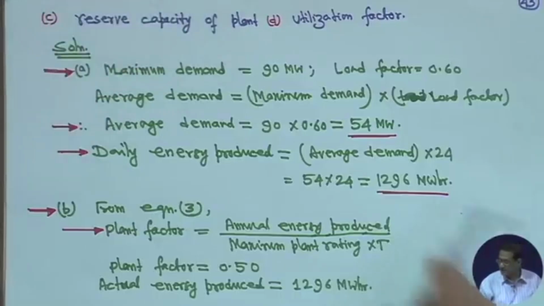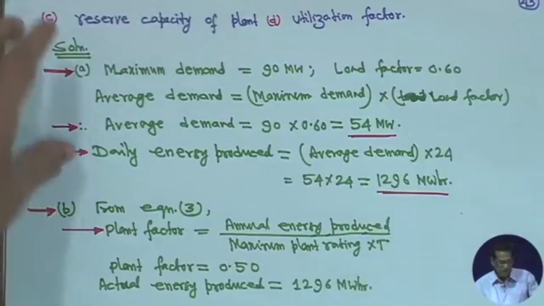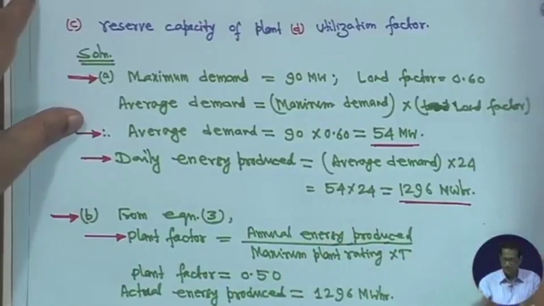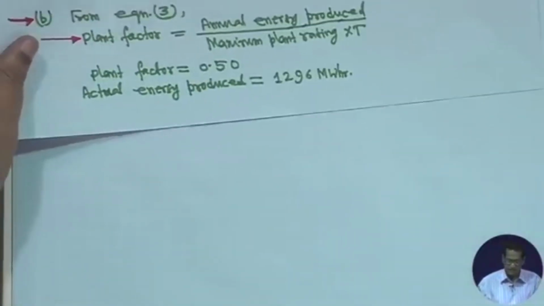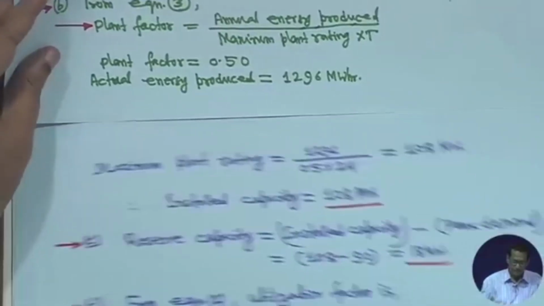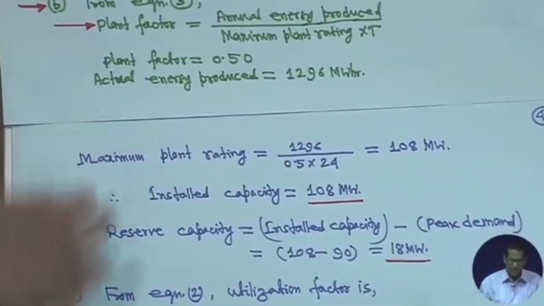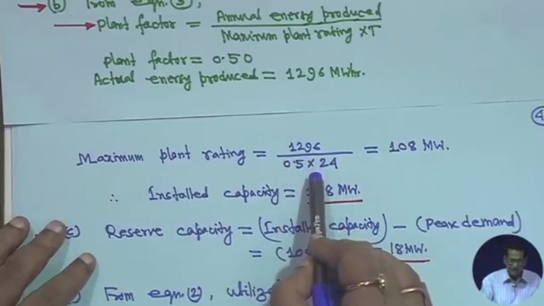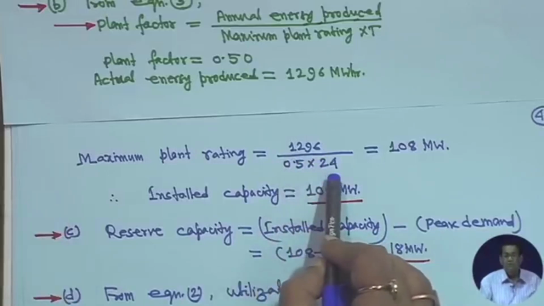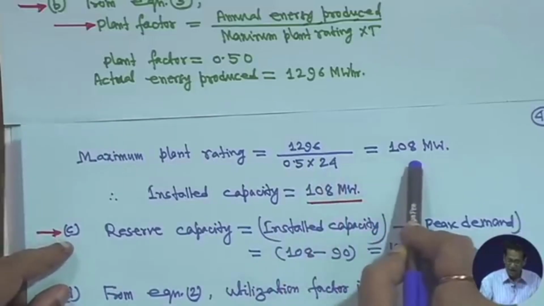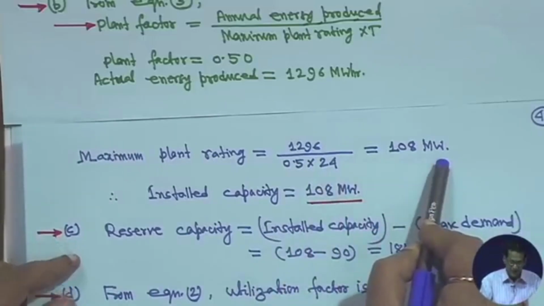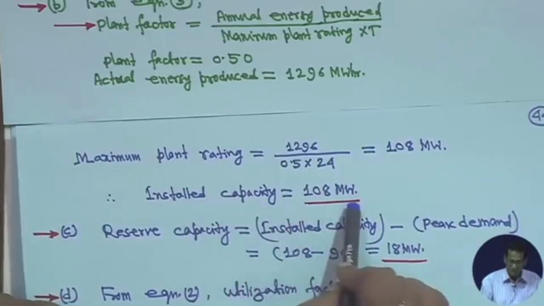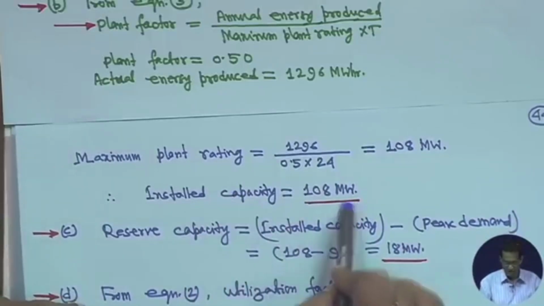Therefore maximum plant rating is 1296 divided by 0.5 into 24, equal to 108 megawatt. This is the plant rating. Therefore plant rating is equal to installed capacity. So installed capacity is 108 megawatt, right.